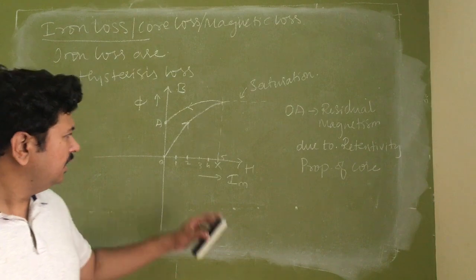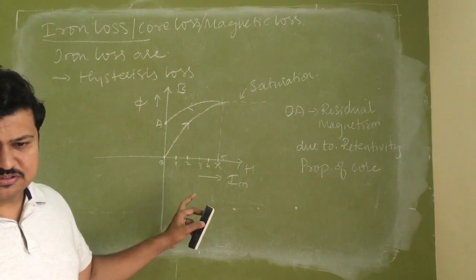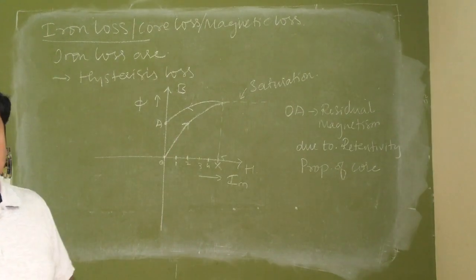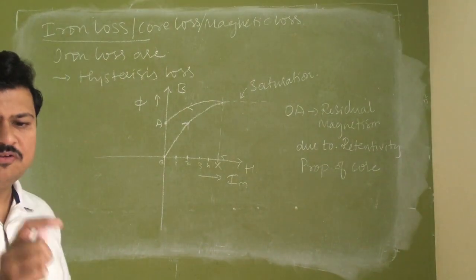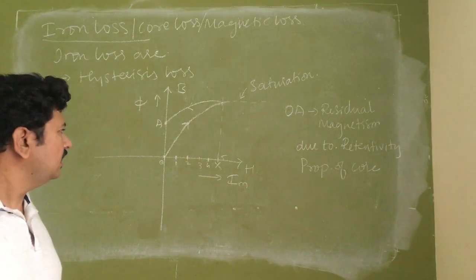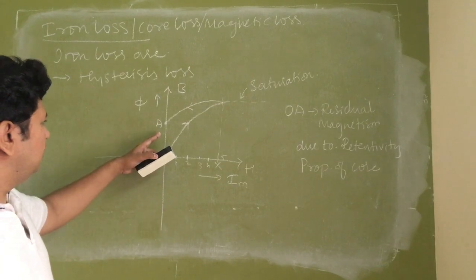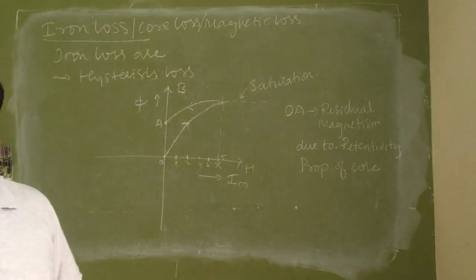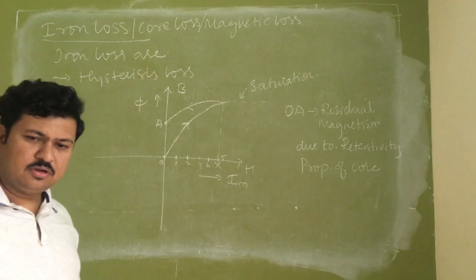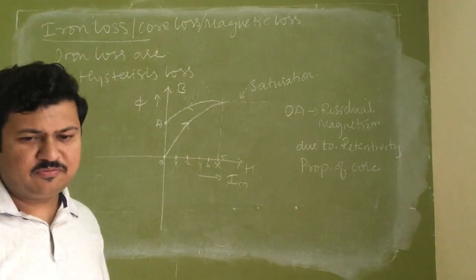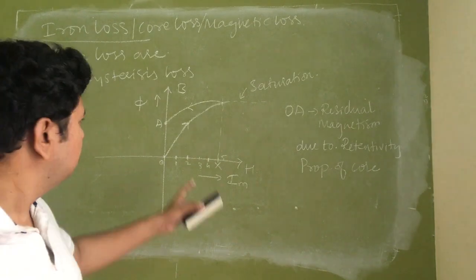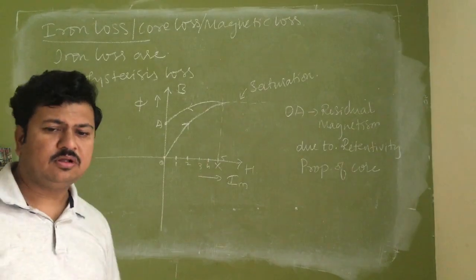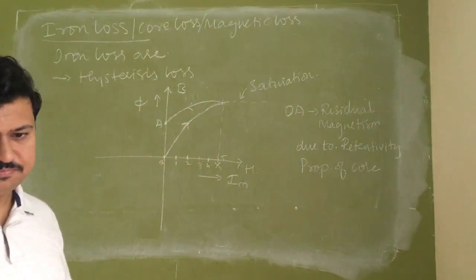But by the nature of the ferromagnetic substance, I can't change that nature. The retentivity property is possessed by the ferromagnetic material. Hence, I cannot avoid this hysteresis or this residual magnetism.